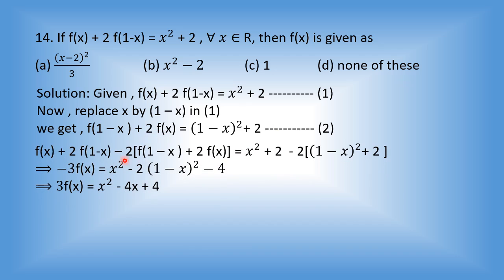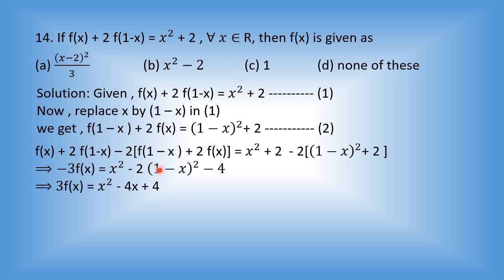Next we are simplifying this. For equation 1 we are going to subtract equation 2, but before that we multiply equation 2 by 2. So f of x plus 2 times f of 1 minus x, minus 2 times equation 2, where the right hand side of equation 2 is also multiplied by 2.